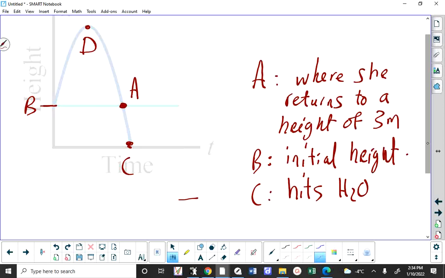D. Point D, there's nothing important about these orders. Point D is simply the maximum height. If you knew that point, you would know when she reaches the maximum height and what her maximum height is, which we already learned about and talked about extensively in other units.